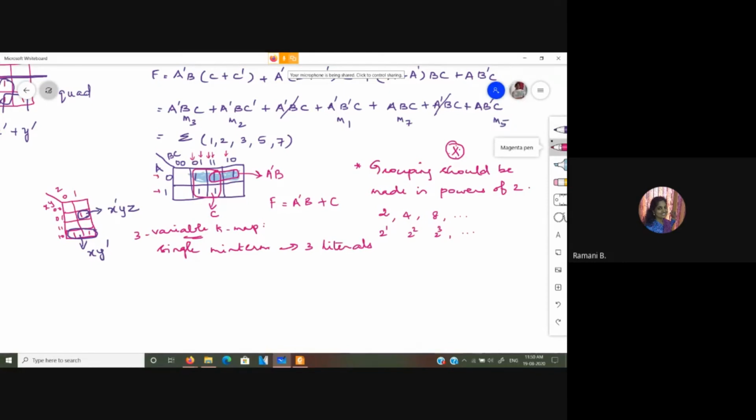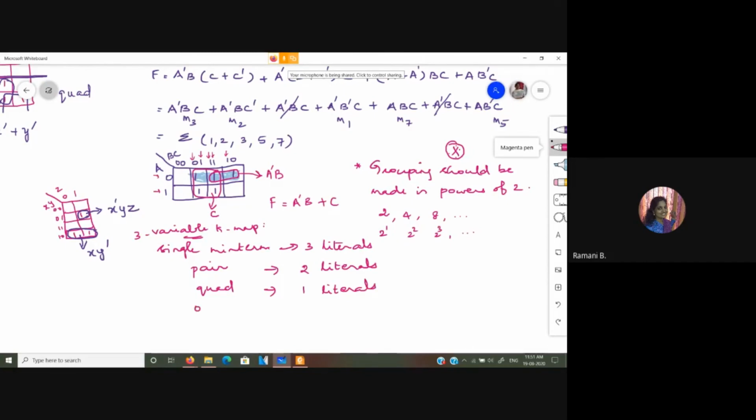So if you are forming a pair, you will be having 2 literals in the expression. If you are going to form a quad, that we were doing in all these things, you will be having a single literal.